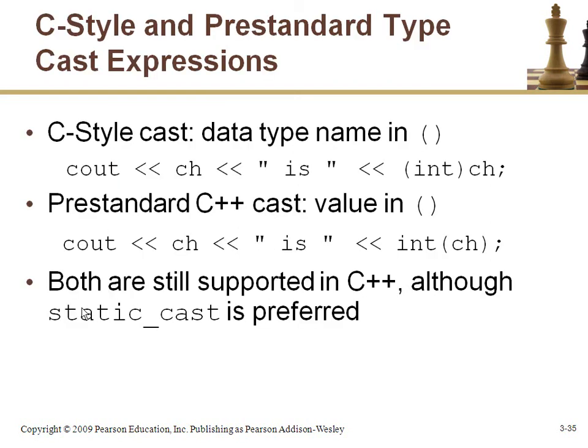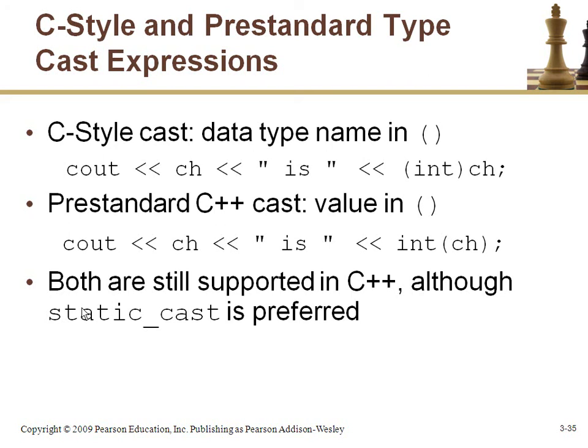The pre-standard style of C for the casting expression was putting the type you want to cast to inside parentheses. In the first example, we are outputting the character and its equivalent value in the integer set of the ASCII character numbers in the table.